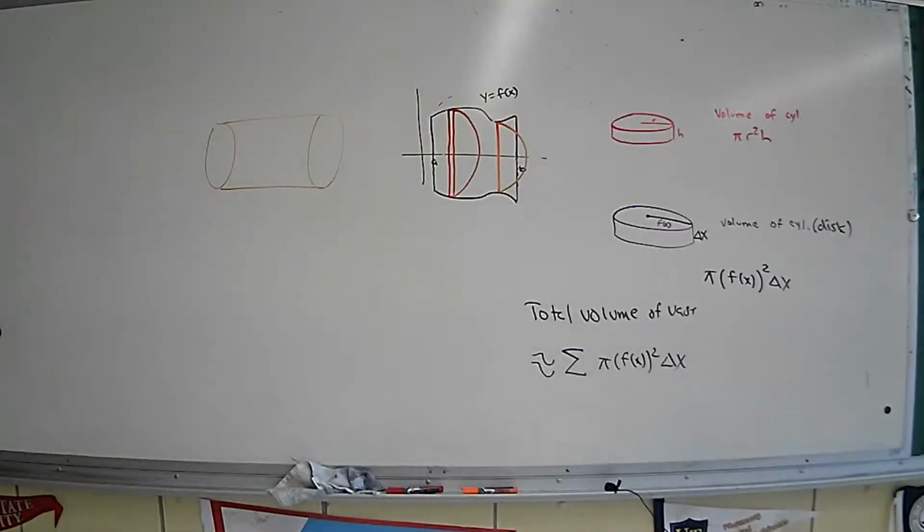How do you make the approximation better? More discs. More discs, thinner slices. Same thing. So do we have a way?